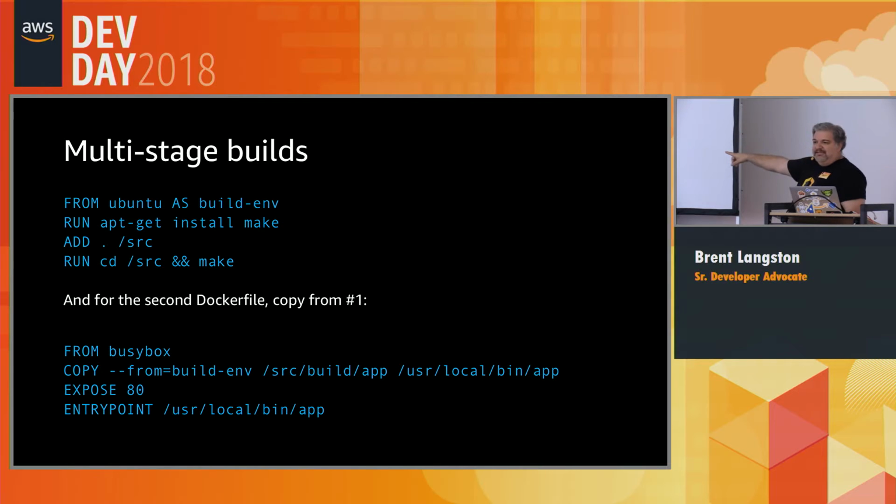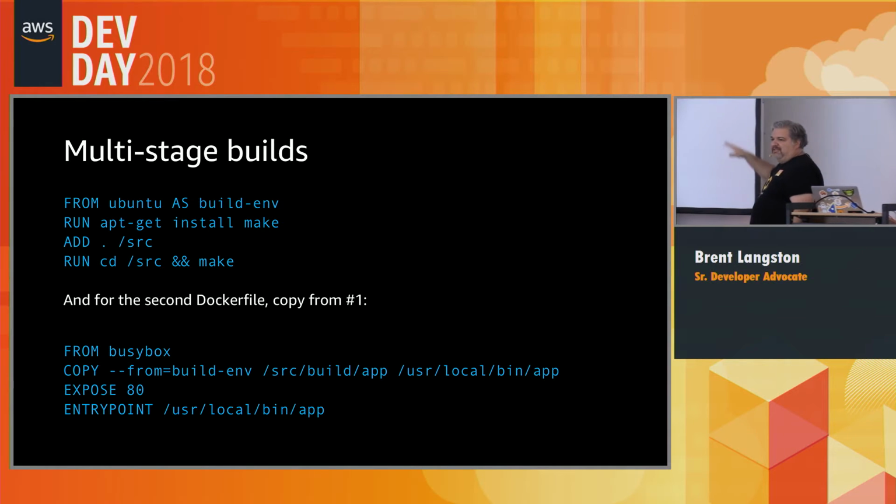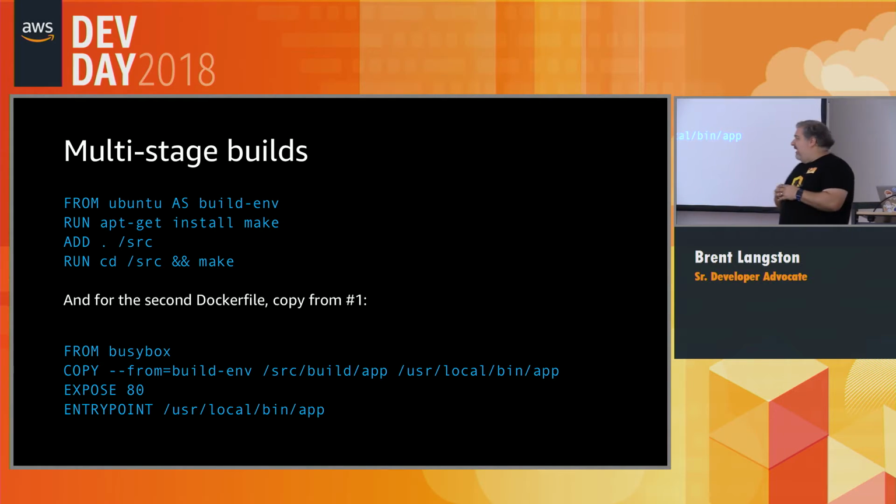Then my second container is FROM BusyBox, which is still really tiny, and I'm copying from build-env the built application and then exposing port 80. So in this multi-stage scenario, I'm going to distribute a really small container even though I started with a container that was hundreds of megs. Multi-stage builds, really handy. Yes, sir?